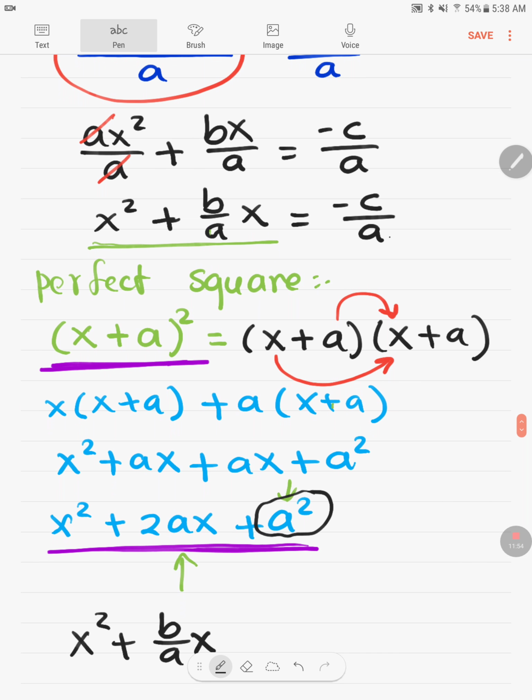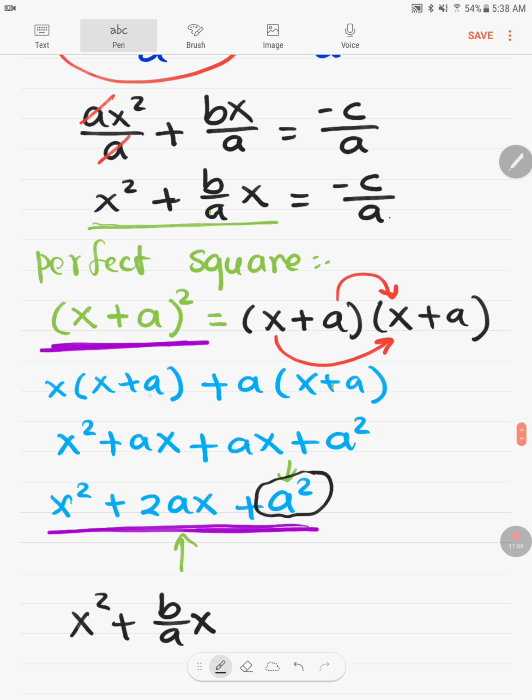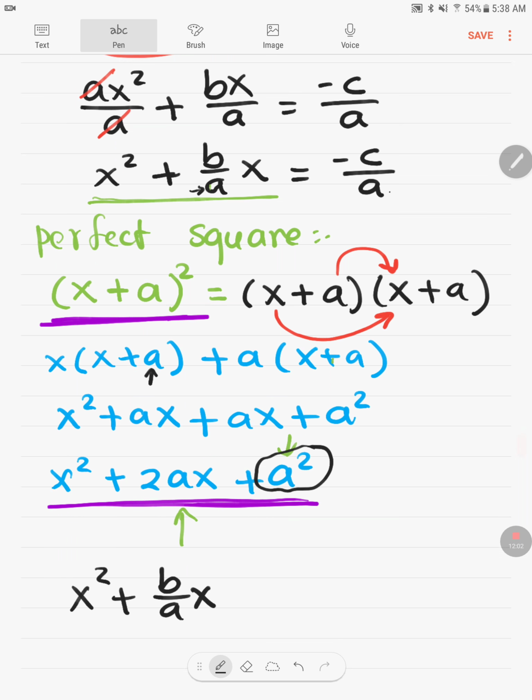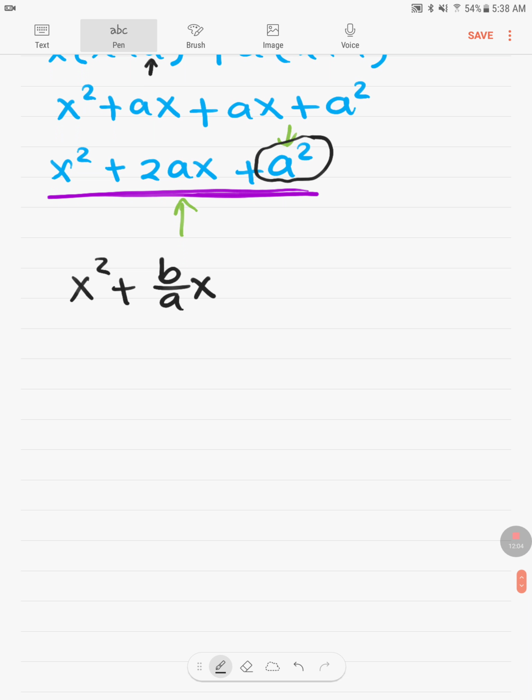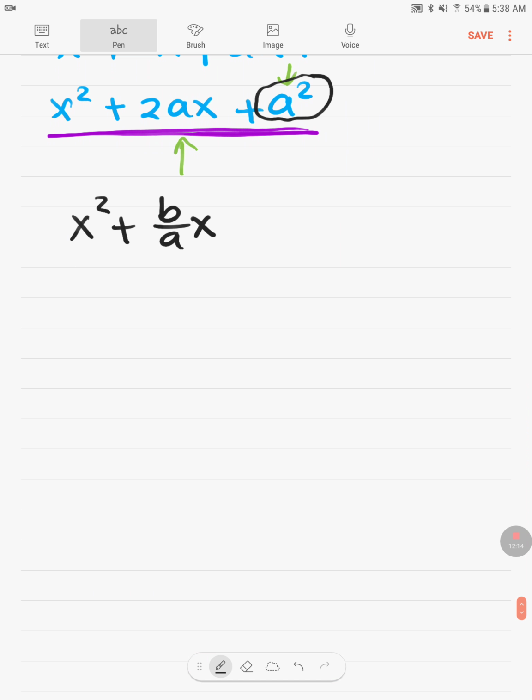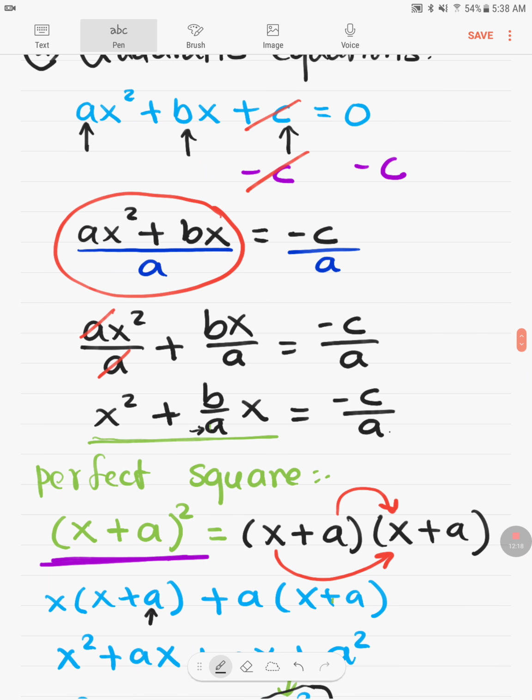It doesn't have to be a. Basically, this a is not equal to this a because they denote two different numbers. I just used it as a placeholder for a constant. So in this case, to make this a perfect square, we need to come up with a number.